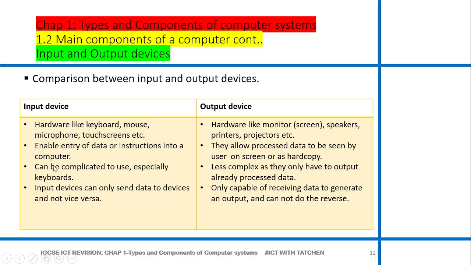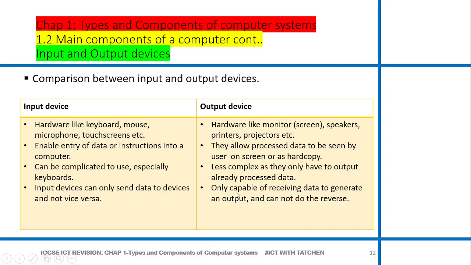Then some people find inputs quite complicated to use, such as keyboard, whereas outputs, such as printers, you just send your print command. The monitor, you just need to watch, so it's much easier to use. Input devices can only send data to devices and not vice versa, which is very true.